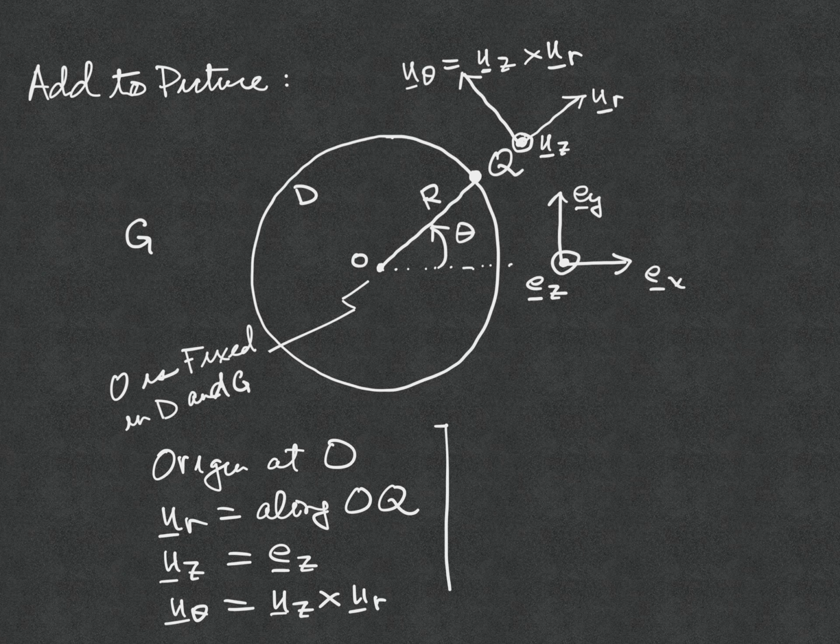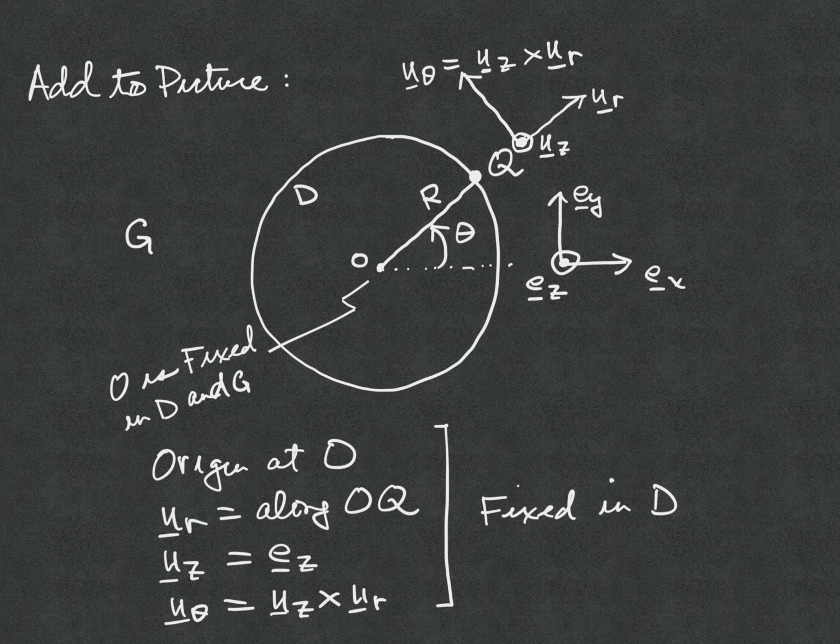This coordinate system is fixed in D. Remember that OQ is fixed in D, so the direction along OQ is also fixed in D. Now, UZ is also fixed in D because its direction doesn't change relative to the disk, and it's equal to EZ in this particular case. Those two things happen to equal each other. And then U theta is UZ crossed with UR, and because UR is fixed in D, U theta also has to be fixed in D.